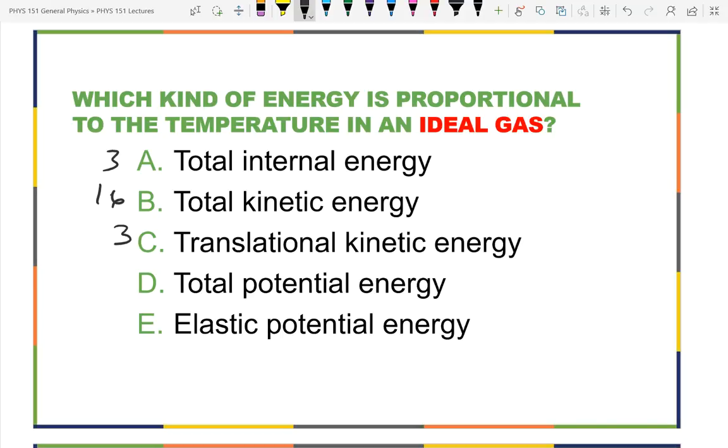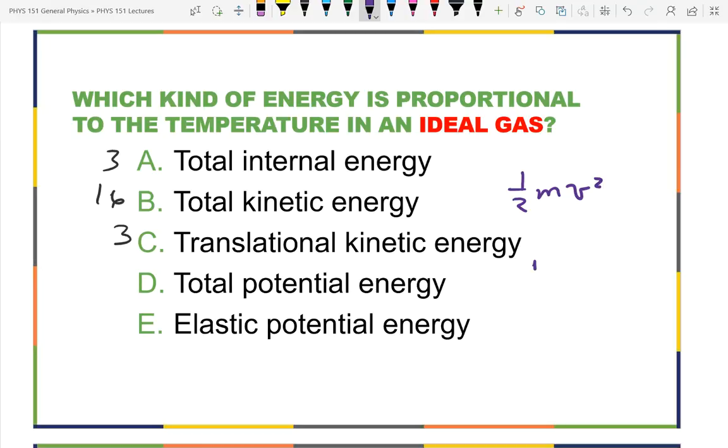The correct answer, only 3 people had right. And I did not make a big deal out of it. I had the words on the slides, but the average kinetic energy, the temperature was proportional to 1/2 mv squared, right? Now we've learned 2 different types of kinetic energy equations. One was 1/2 mv squared, the first one that we talked about, and at that point it was the only one.